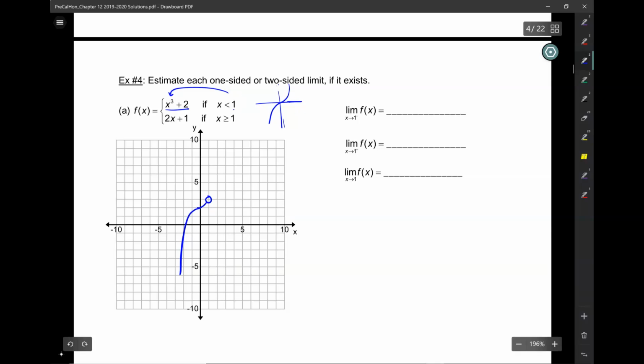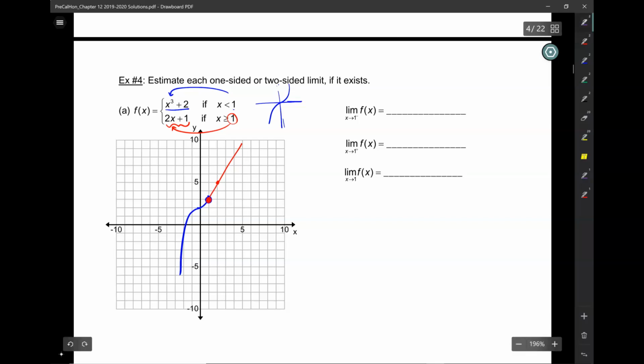All right. To the opposite side, I have 2x plus 1. Again, I take 1 and I put it in there, and y is equal to 3. Okay. Again, 1 is open, 1 is closed. If they overlap, you just close the circle. And I have a linear equation with a slope of 2, so I go up 2 over 1. There. Now, I need the limit.